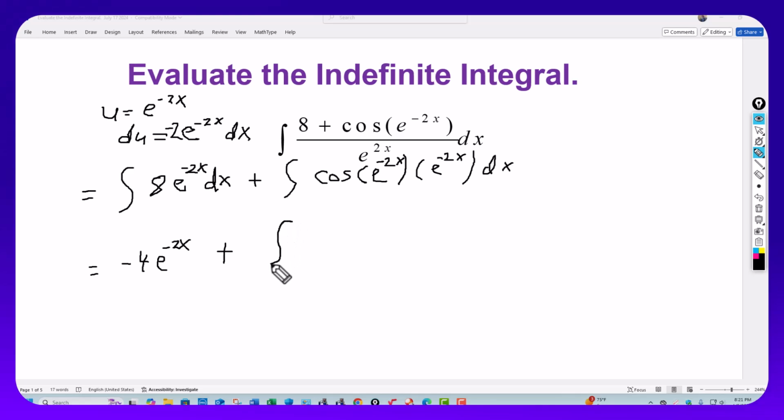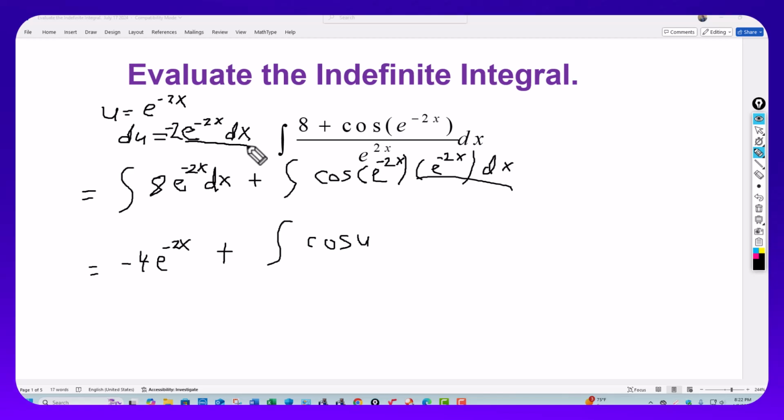Then we can rewrite this second integral as the cosine of e to the negative 2x, that's the u. And I'm going to replace the e to the negative 2x dx. Now this part right here, I can replace it over here.